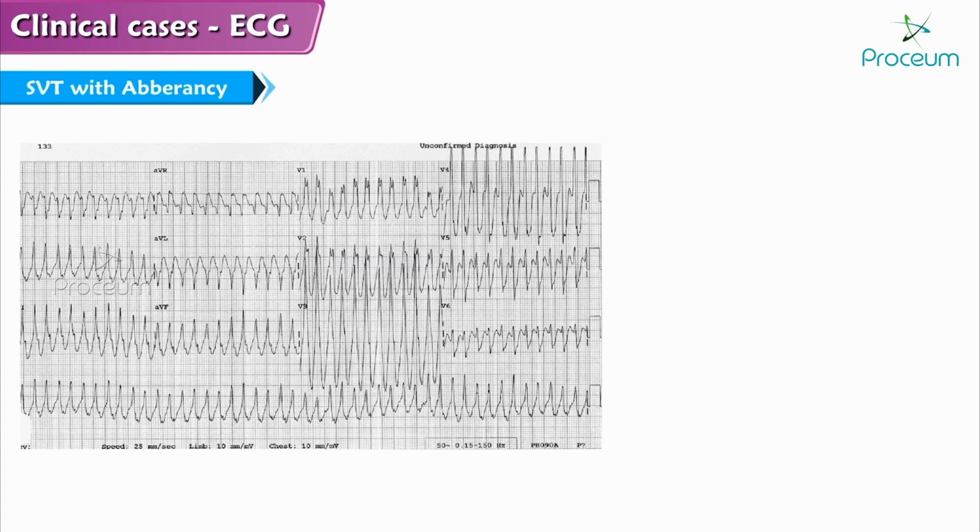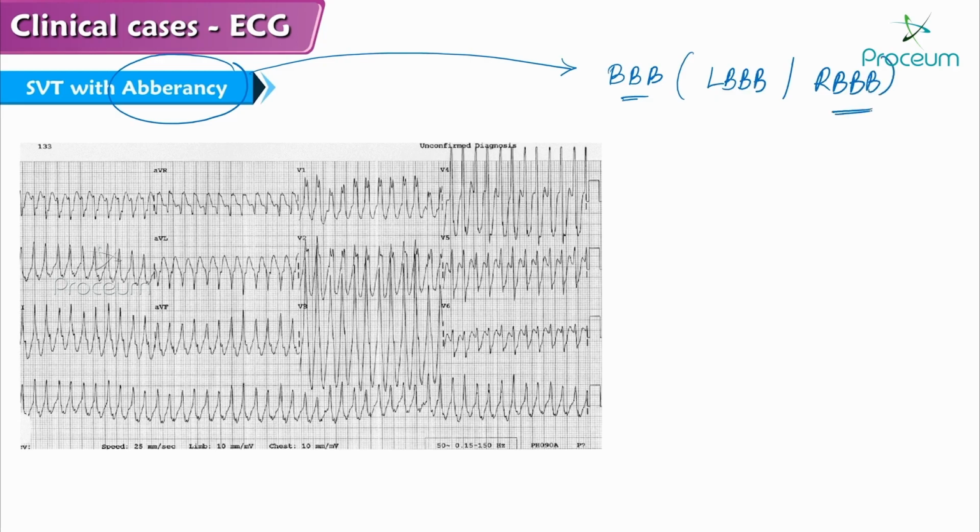In SVT with aberrancy, there should be features of bundle branch block, either a left or a right bundle branch block pattern. In SVT with aberrancy you will also have wide QRS complex, because there is bundle branch block. That is an important point that you need to remember.